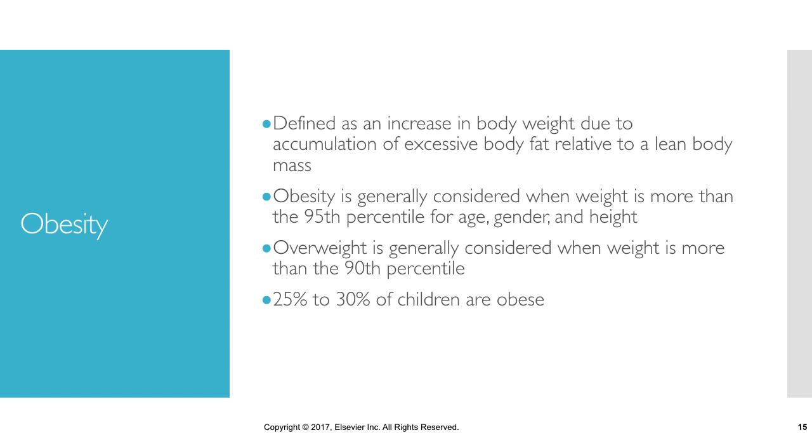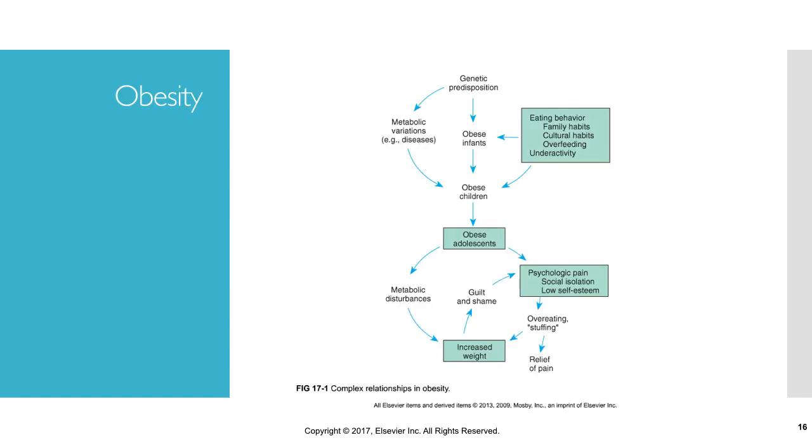Overweight is generally considered to be when the weight is more than the 90th percentile. About 25 to 30% of children in the United States are obese. So it's really a problem that we have to look at strongly.